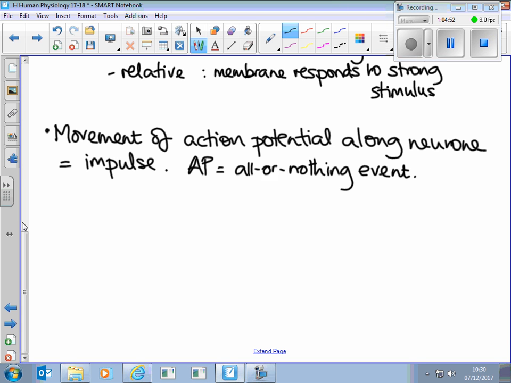Before we look at the factors that affect the speed of an impulse, in your handouts you have a diagram which says action potential in the top left corner. And then you've got this graphy thing across the middle.